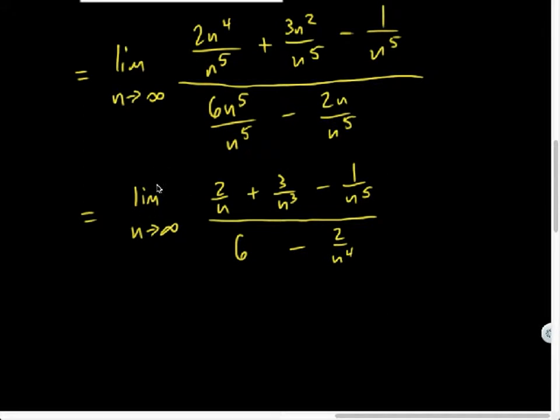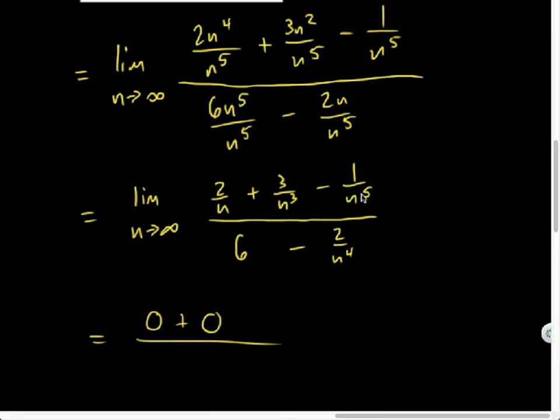So instead of distributing this limit and taking the limit of 5 separate things, I trust you to just take the limit of those 5 separate things. What is 2 over n approaching as n approaches infinity? 0. 3 over n cubed? 0. A small number divided by an infinitely large number cubed is 0.